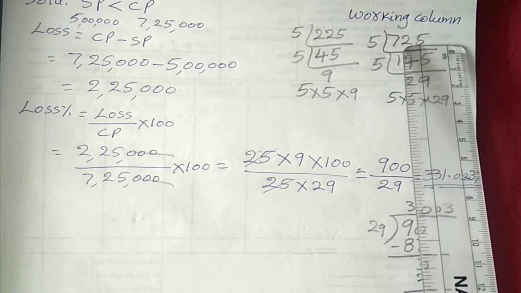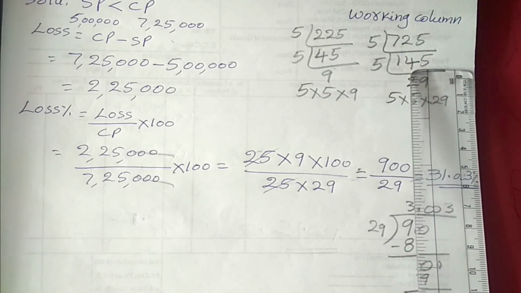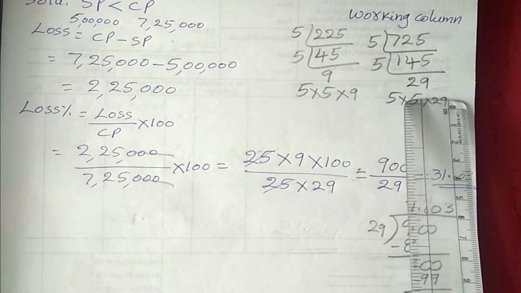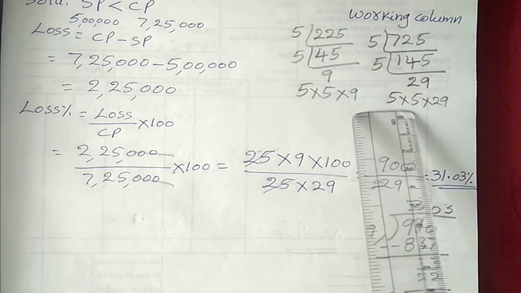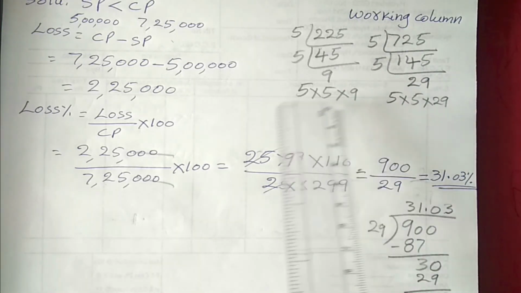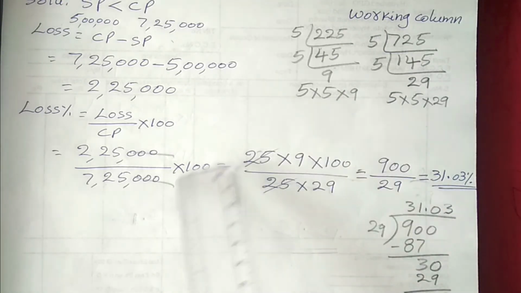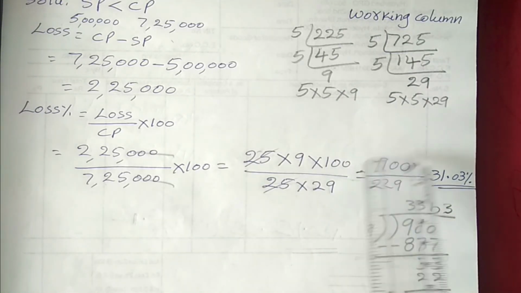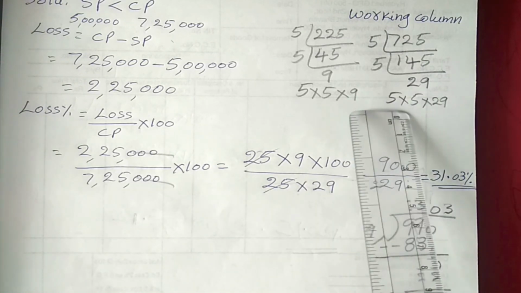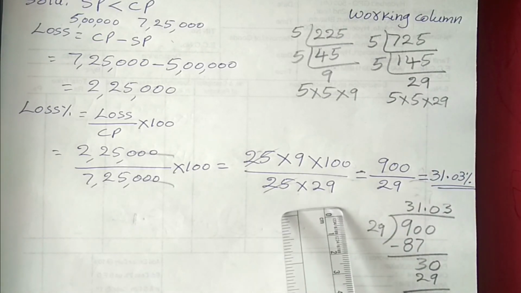So 725 divided by 5 is 145 and 145 divided by 5 is 29. So I have written as 5 into 5 into 29. So here 5 5s are 25 into 9 and into this 100 I wrote over here, divided by 25 into 29.